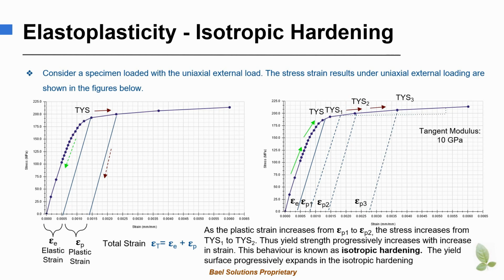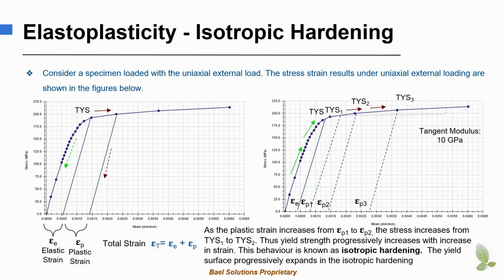In other words, additional load is required to induce subsequent plastic deformation in the structure, or the specimen hardens. This phenomenon is known as isotropic hardening. In isotropic hardening, the yield stress increases with the plastic deformation.